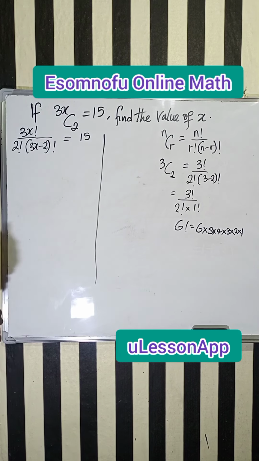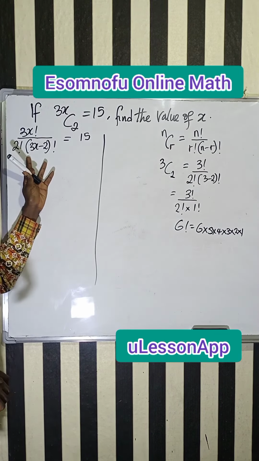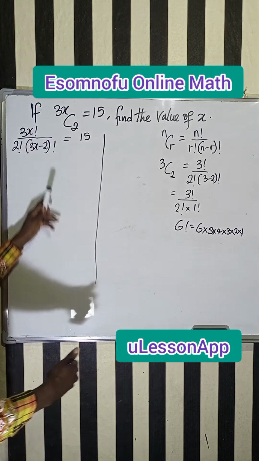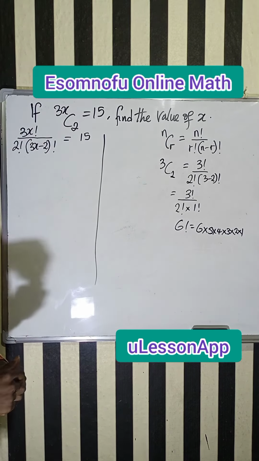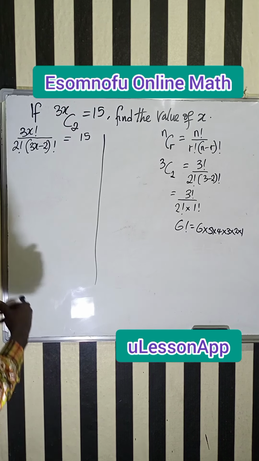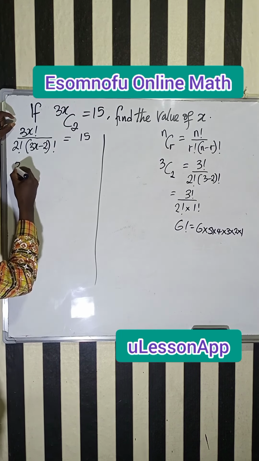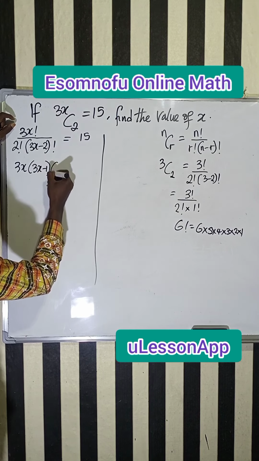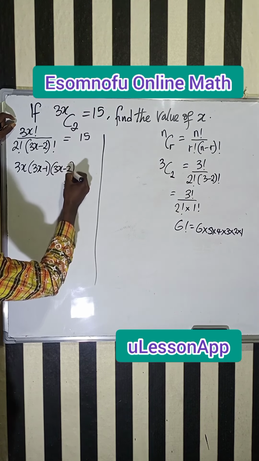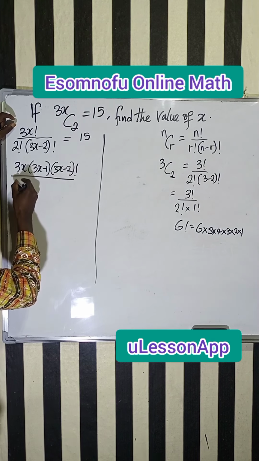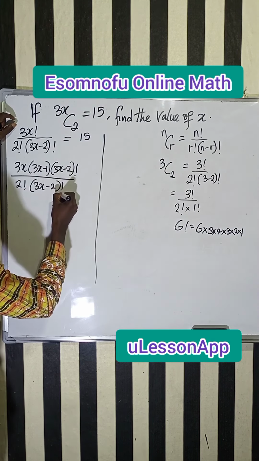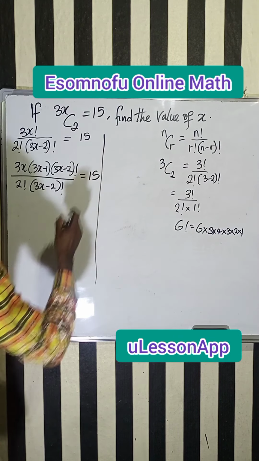Do you know that you can keep on bringing this 3x factorial down to get something that looks like 3x minus 2? Remember that 3x factorial is the same thing as 3x multiplied by 3x minus 1 multiplied by 3x minus 2 all factorial, all over 2 factorial into 3x minus 2 factorial. Everything is equal to 15.